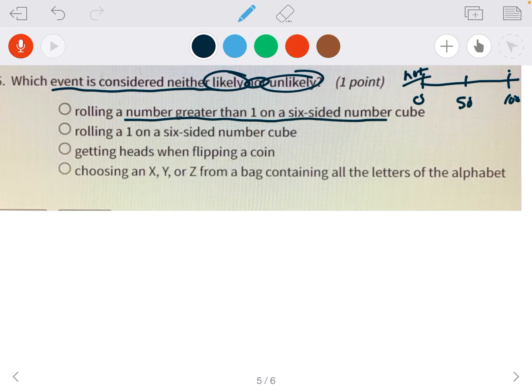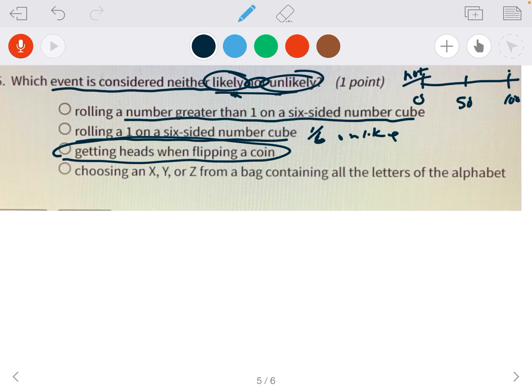Rolling a number greater than 1 on a 6-sided number cube. Well, that is likely. Rolling a 1 on a 6-sided number cube? Well, that's 1/6. That's close to unlikely.